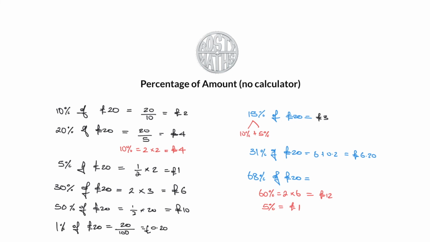So that 3% is going to be that 20p times 3, which is going to be 60 pence. So therefore, to get 68% of 20, I'll have the 60%, add the 5%, add the 3%, and altogether that will make £13.60.